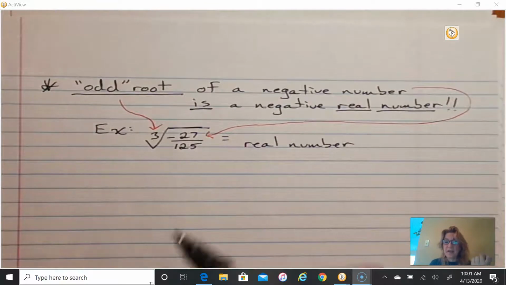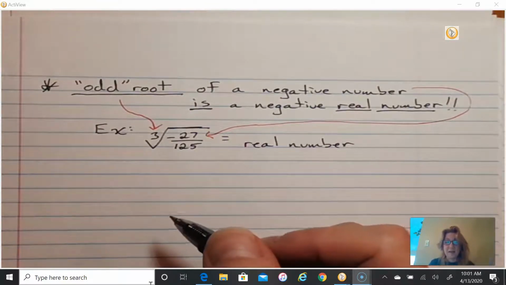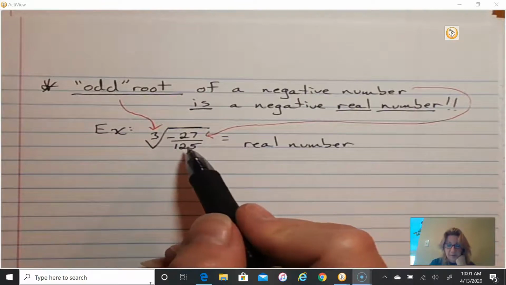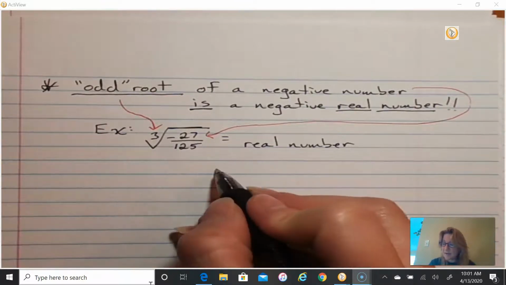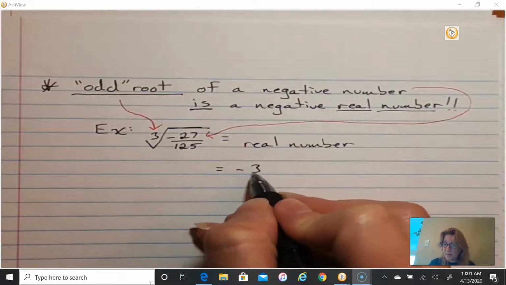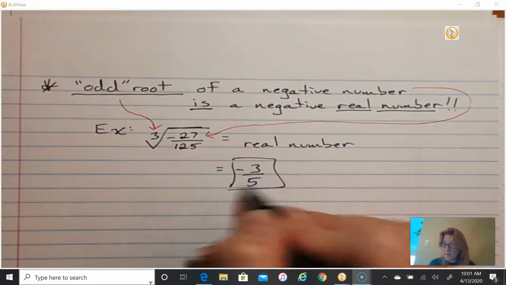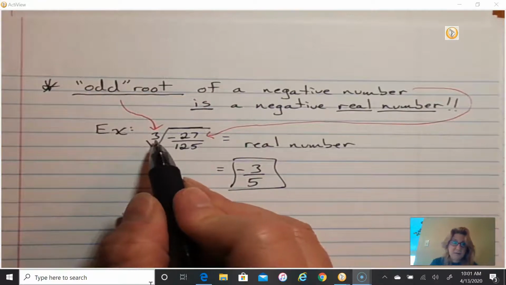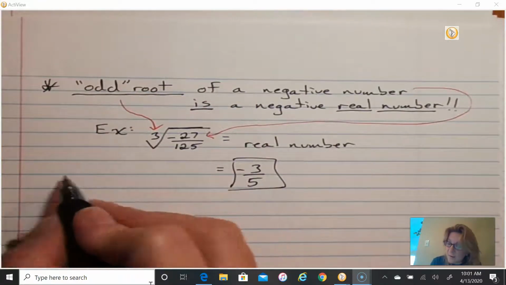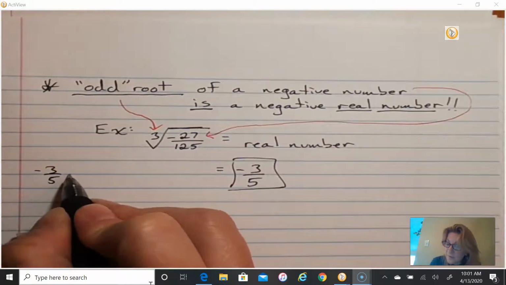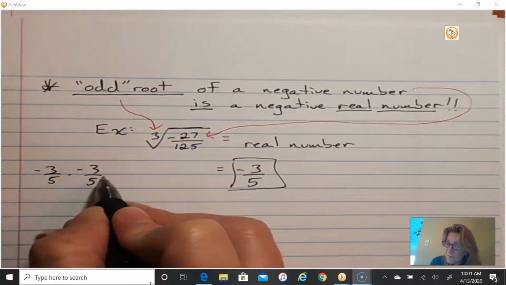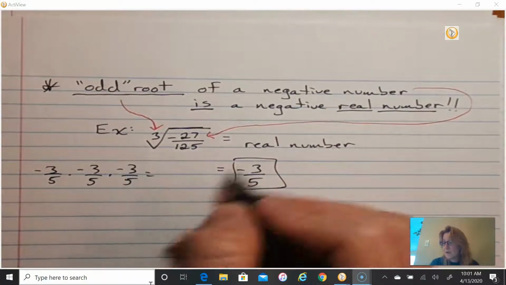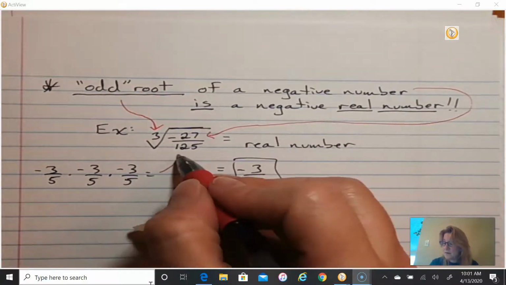Because you can have a negative times a negative times a negative and get a negative answer, right? Okay, and in fact, this one is negative 3/5. Because that's an odd root. If I did negative 3/5 times negative 3/5 times negative 3/5, I would get that answer.